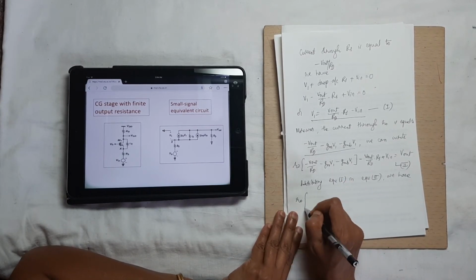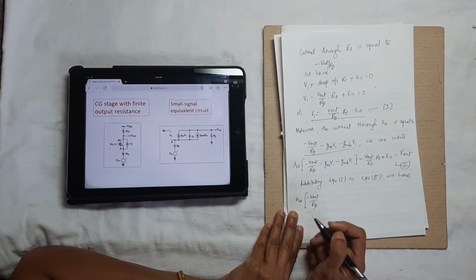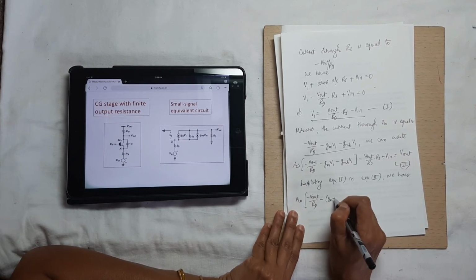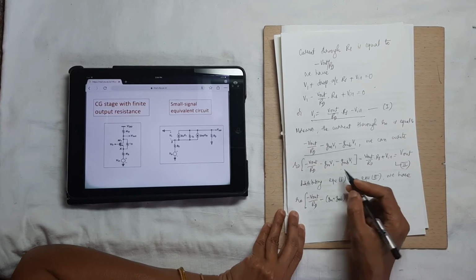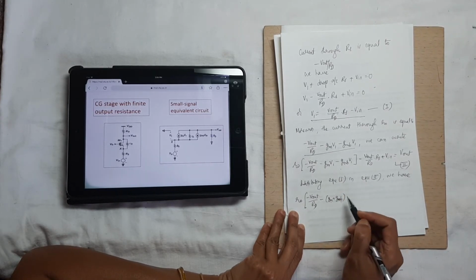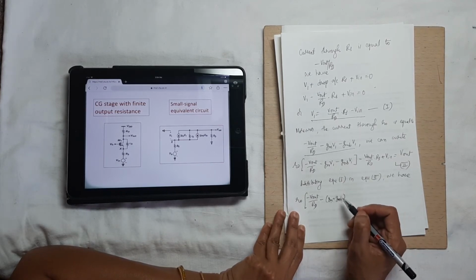RO into minus V out divided by RD minus GM plus GMB, take V1 as common, and write the expression for V1.